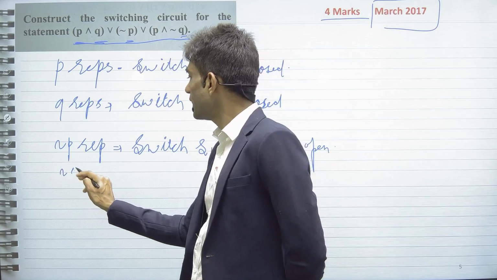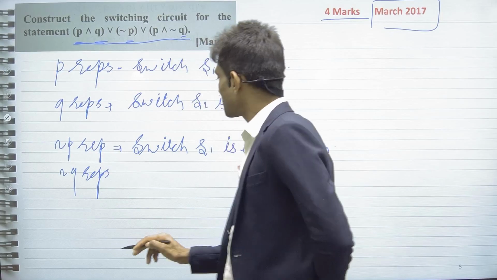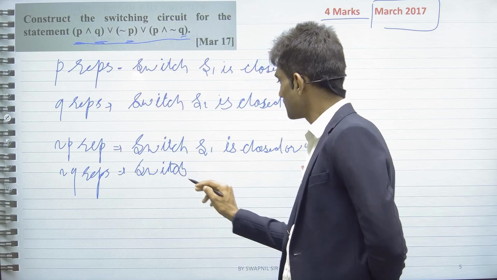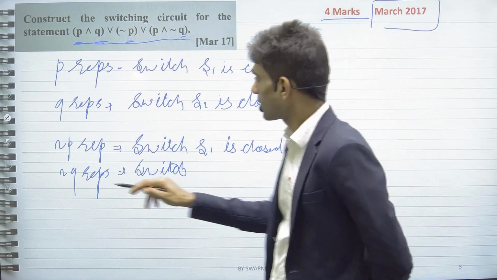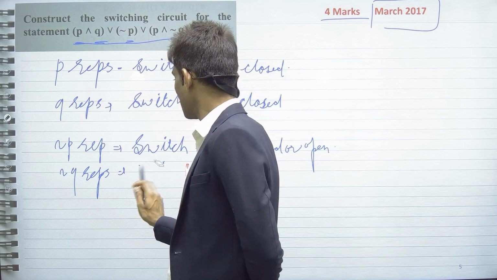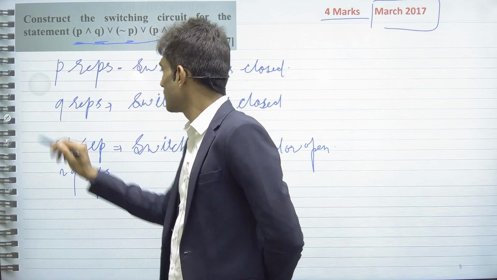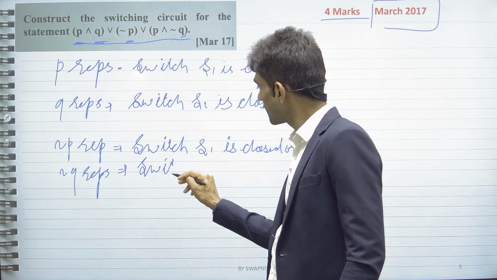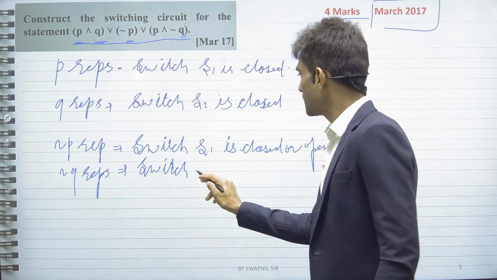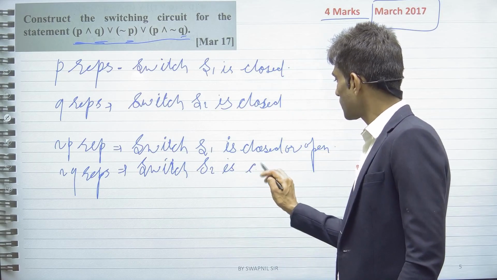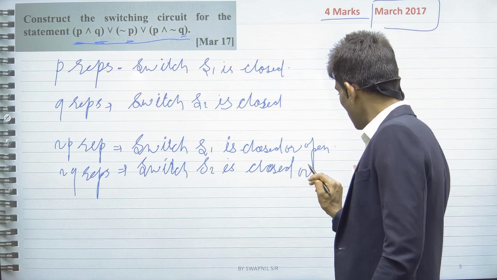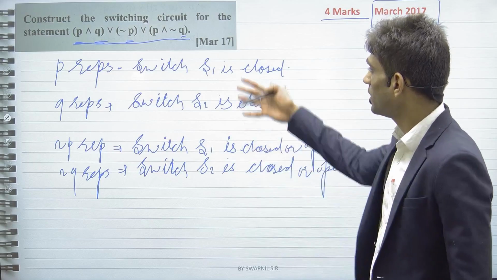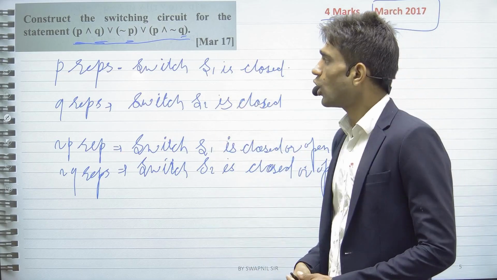And negation Q represents that switch S2 is closed or open. These are the logical representations of our statements.